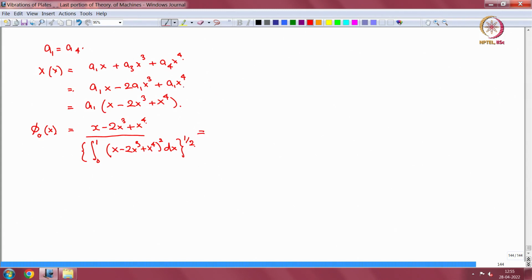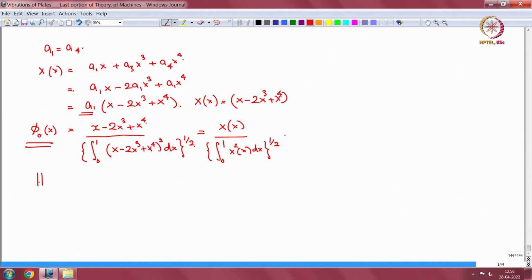Okay, which is just as if I say that my new function X of X is just X minus 2X cube plus X fourth without that arbitrary constant. This is X of X by integral 0 to 1 x square of x dx, okay, and half. That is phi 0, the first one in the x direction. Okay.